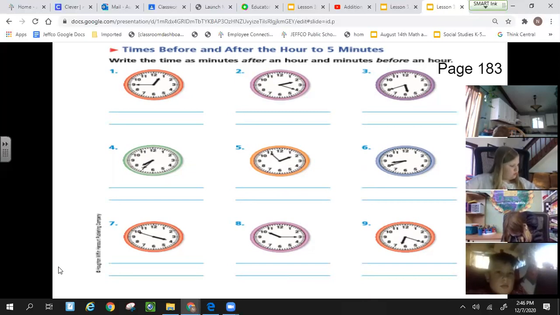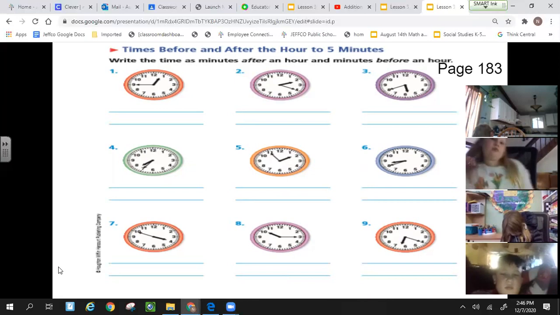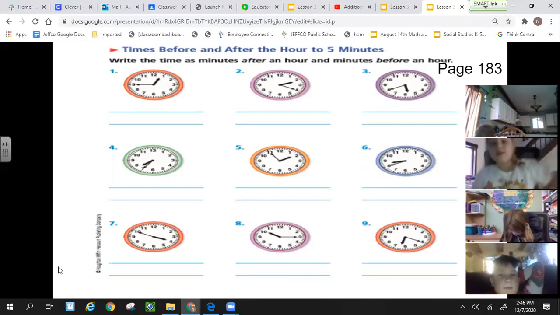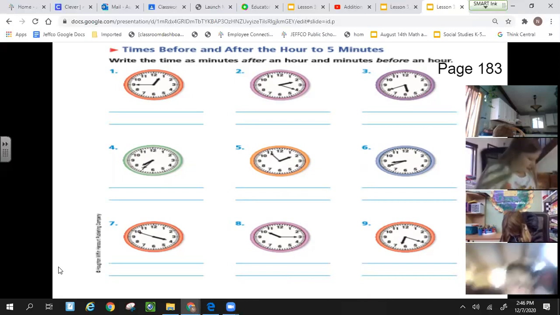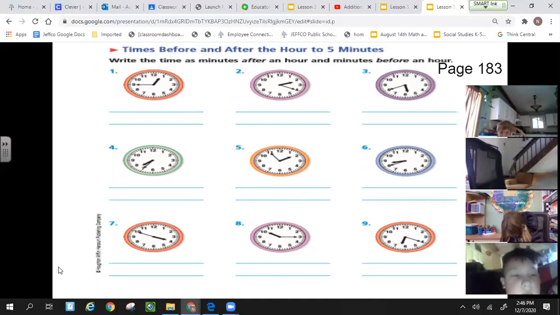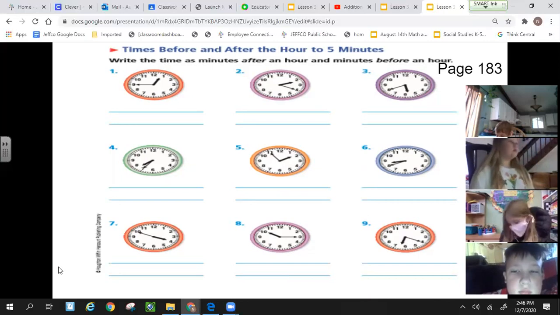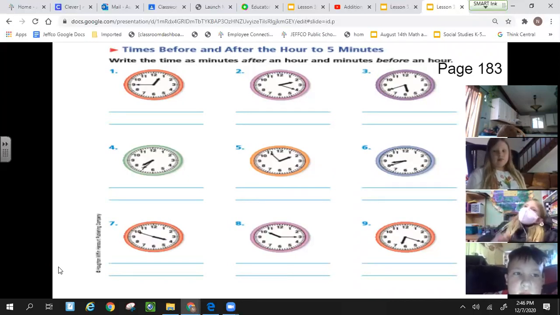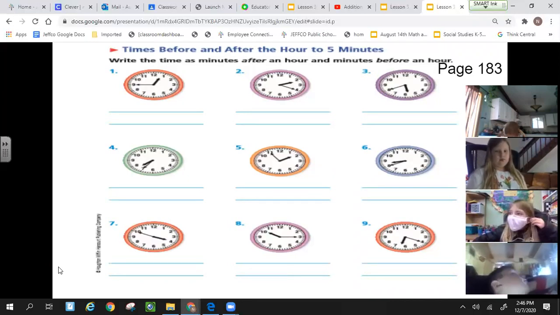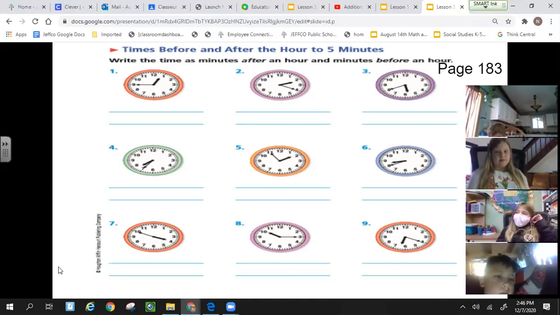Because remember, when we started this big idea on telling time, we said there's many ways of telling the same time. We hear our teachers say it, we hear our parents say it. You might be very accustomed to saying 3:15 or 3:30, but there's many ways of saying it. And this is just another one.